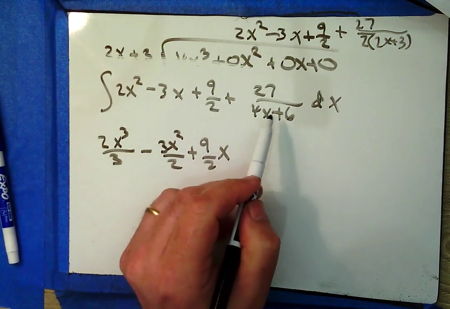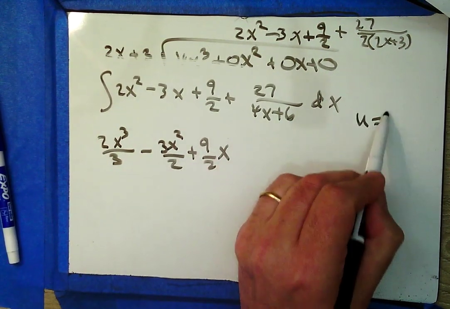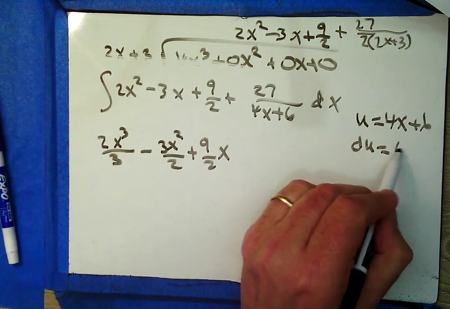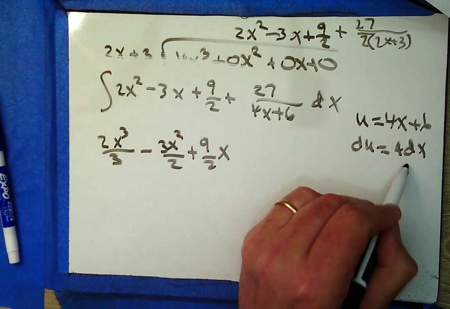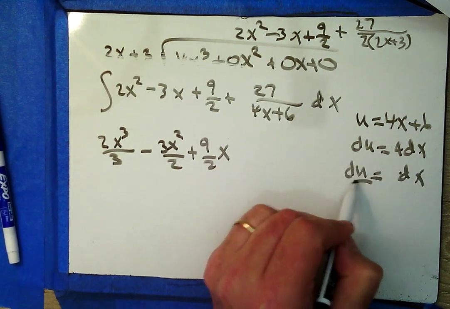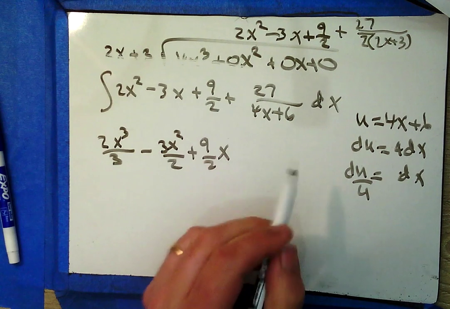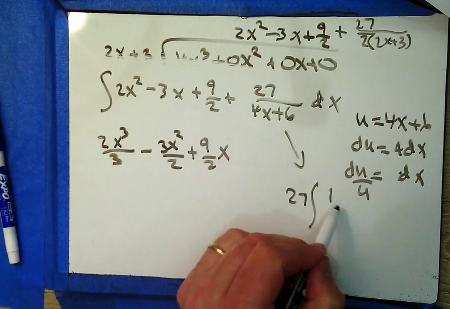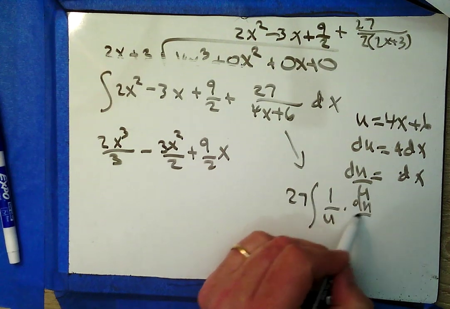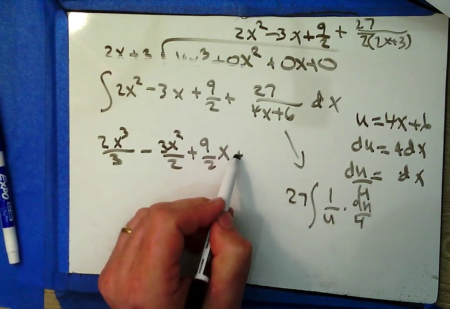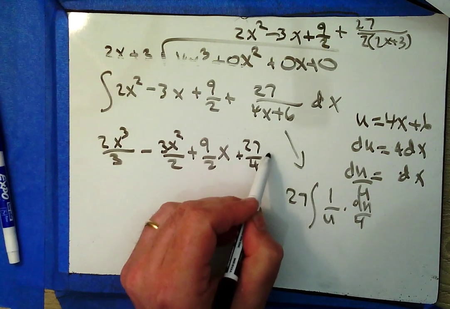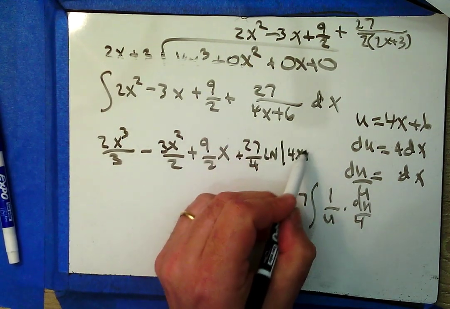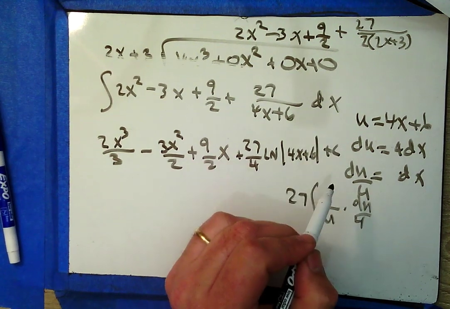And then here, I like a u sub, 4x plus 6 du equals 4 dx. Dx equals du over 4. And so this becomes 27 integral of 1 over u du over 4. So I get 27/4 ln of u, which is 4x plus 6. Don't forget the plus c.